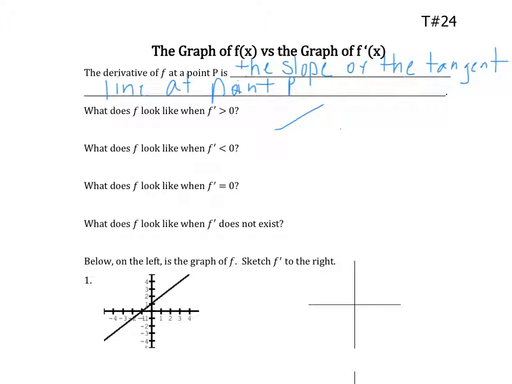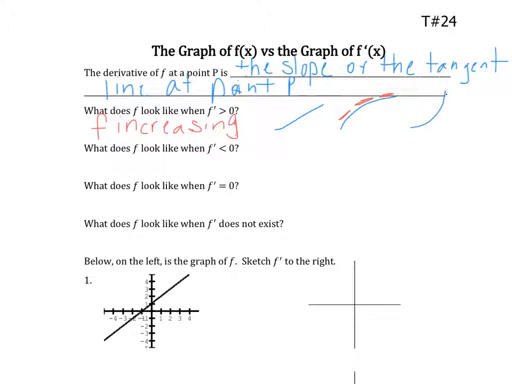No. It could be like this, because if you look at all the tangent lines on that piece, all my tangent lines are also positive. It could look like this. So what do all those have in common? Well, what those have in common is that f is going to be increasing. If the derivative is positive, then f will need to be increasing.